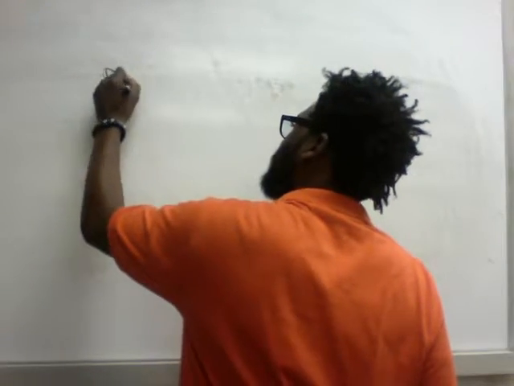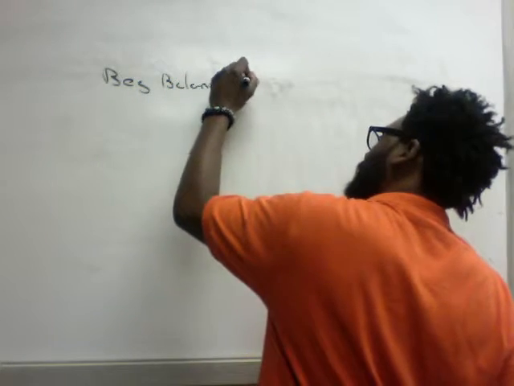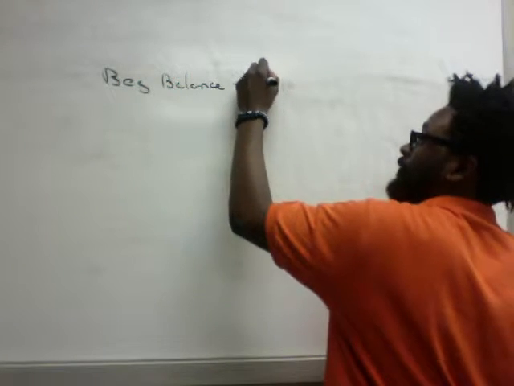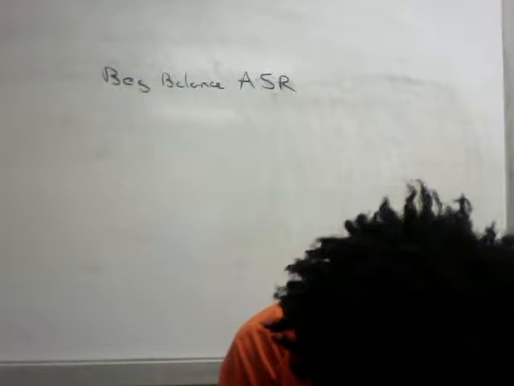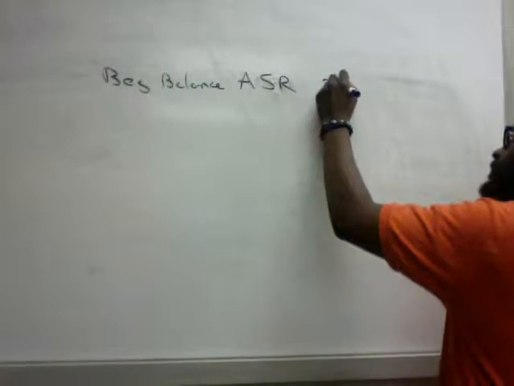So we have a beginning balance of allowance for sales return of how much was it? 300,000.